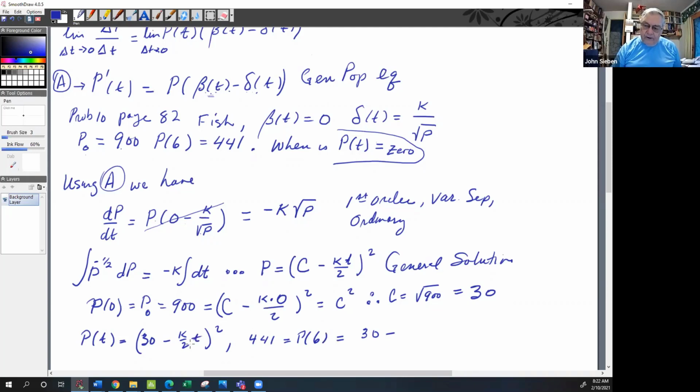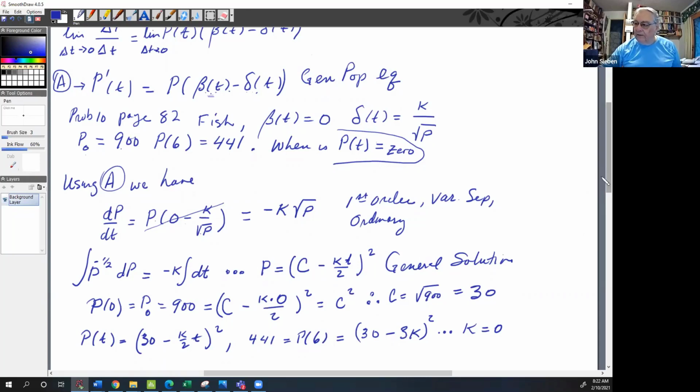So 6 over 2 would be a 3. So I'm just going to say 3K squared. And then, just another little algebra push. And we've got a K equals 0. Therefore, K is equal to 0.